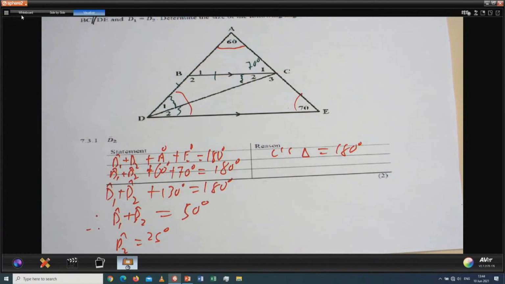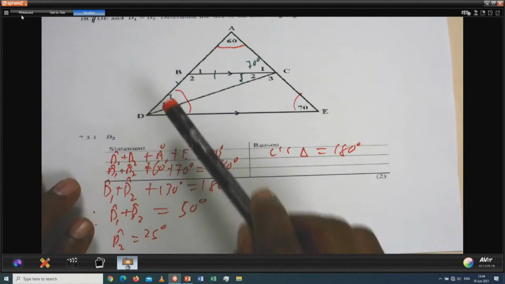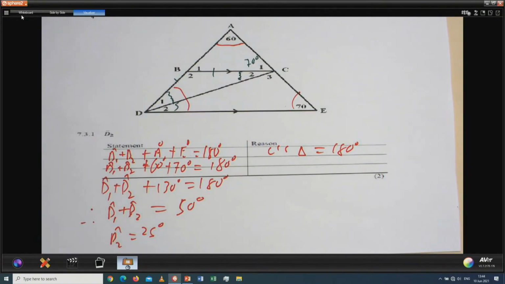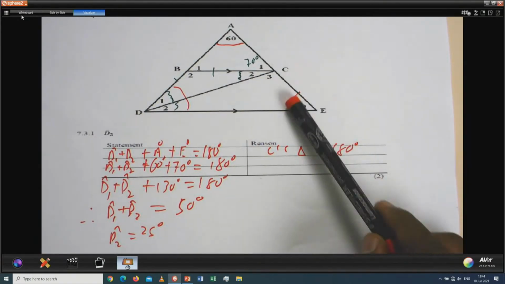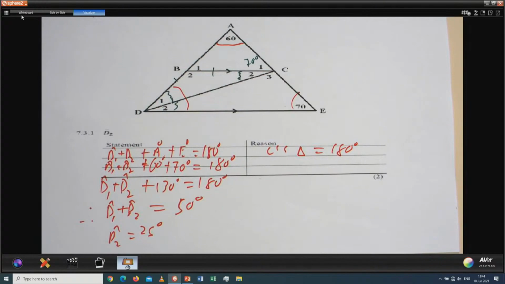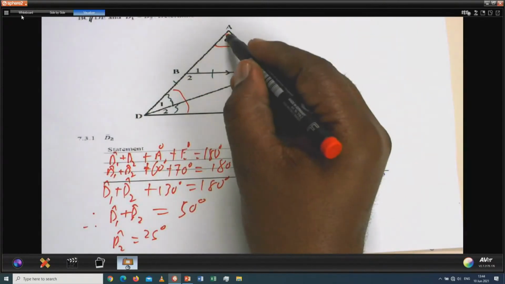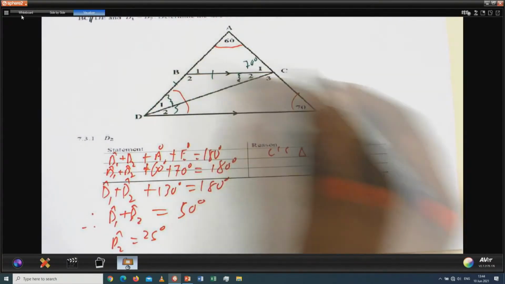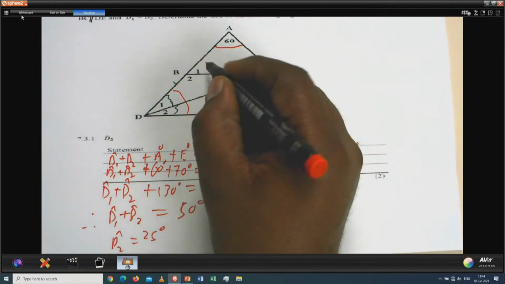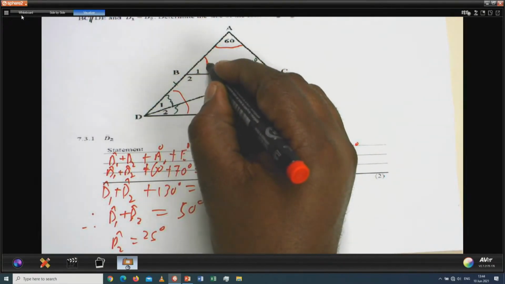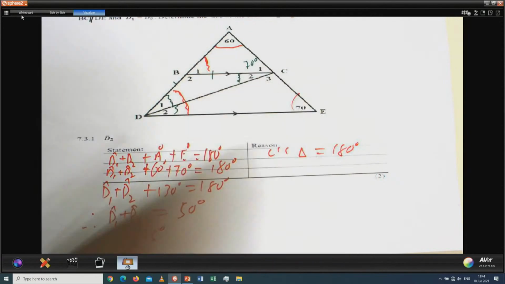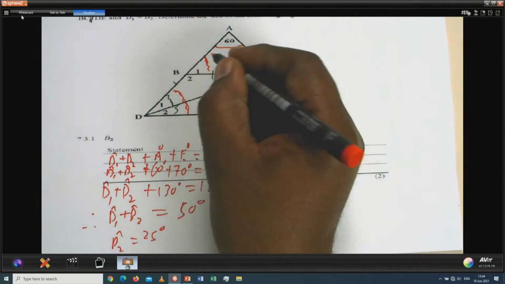So, you check relationships again. Where are D1 and D2? D1 and D2 are related to angle 1. And again, when you look at the F there, it means this is equal to this, which means 50 degrees.